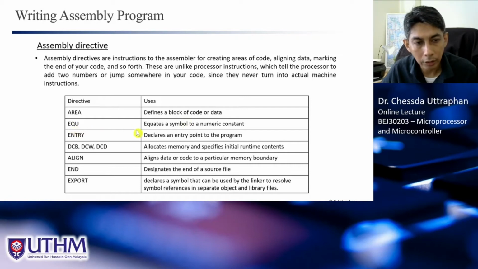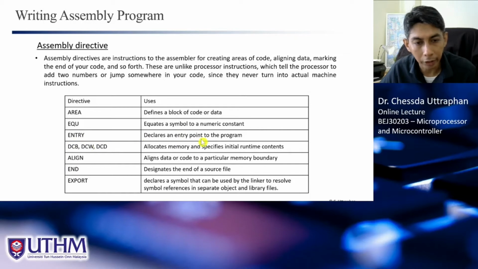And the next one is EQU, or equate. This is used to equate a symbol to a numeric constant. For example, if we have the symbol Data, we equate it to a constant, a number. So next time we want to use that constant or number, we can use that symbol instead of the number, right? We can see later.